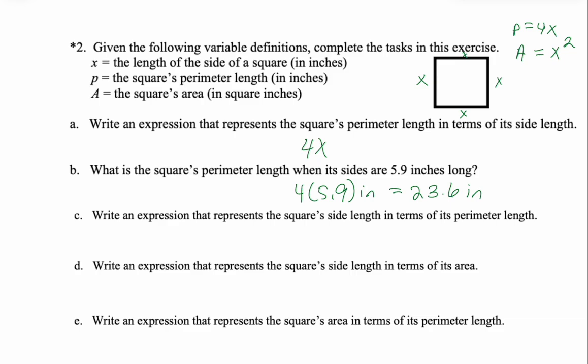C says write an expression that represents the square's side length in terms of its perimeter. So here we are going backwards from the formula we have up here. If we want to know the side length and we had the perimeter, can anybody tell me what expression we would use to find the side length if we knew the perimeter?